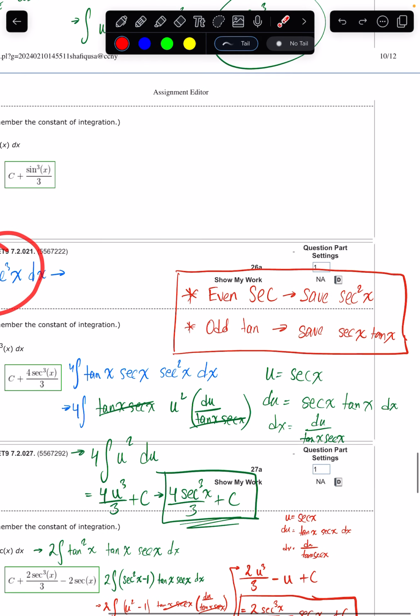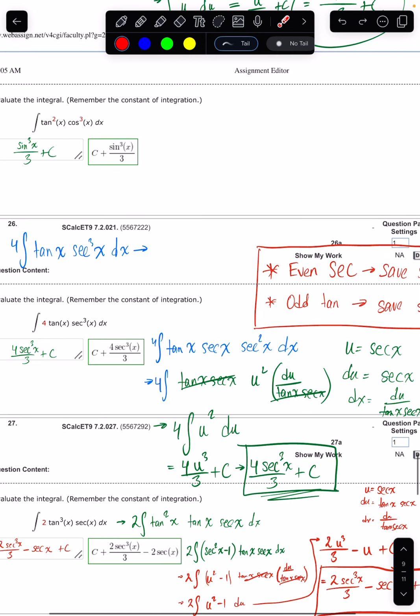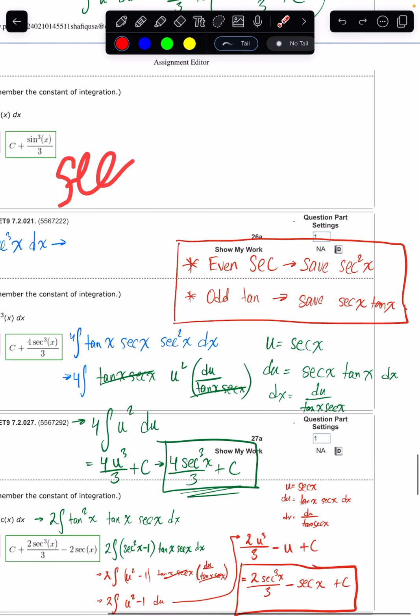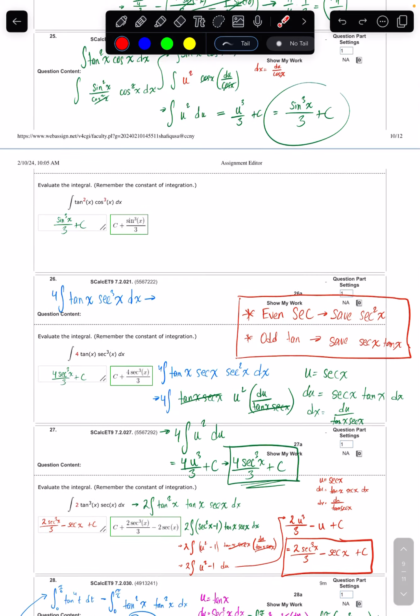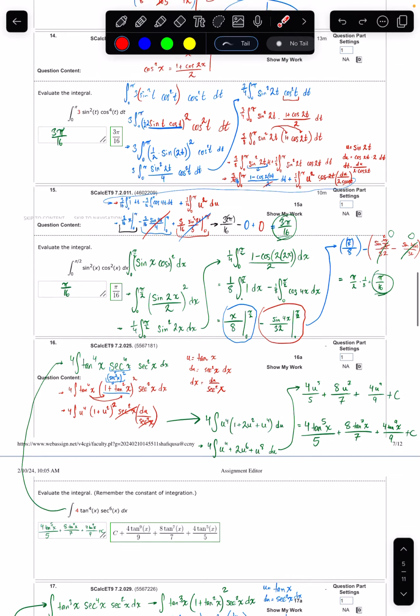If you have even power of secant, save a secant squared. Well, you might not always be able to do that, if it's just secant by itself, but that's just the general rule. And if it's odd amount of tan, then save a secant and tan x. Here is a good rule to remember.